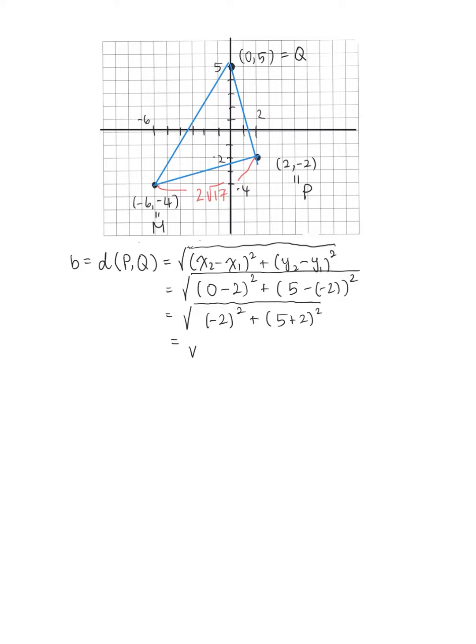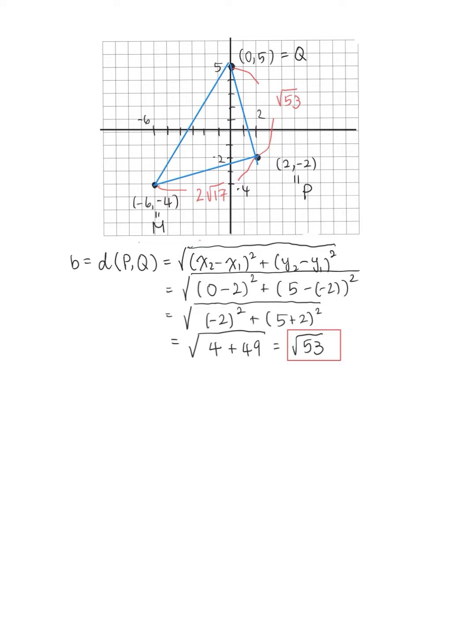So then this becomes the square root of 4 plus 7 squared. So what's 7 squared? 49. Okay, so that becomes the square root of 53. And I believe 53 is a prime, so let's just leave it the way it is. All right, so here is the length for B. So what we just discovered is that the length from here to here is the square root of 53.